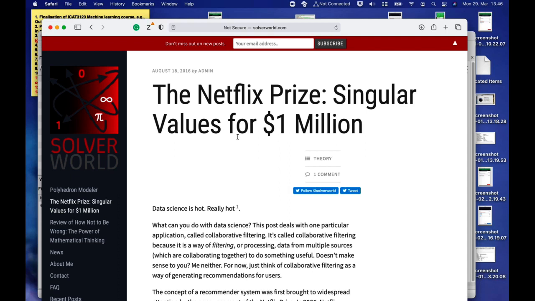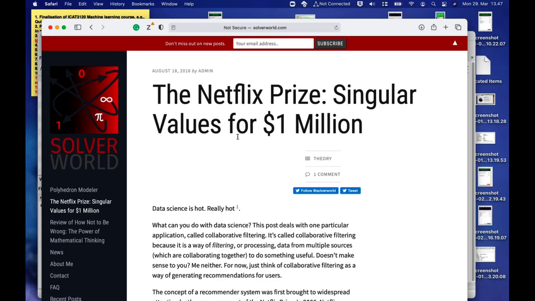So it is very important from the business point of view, but for us it is also important to show that singular value decomposition is a very sophisticated method, even though it is quite simple, and that it can manage huge data.